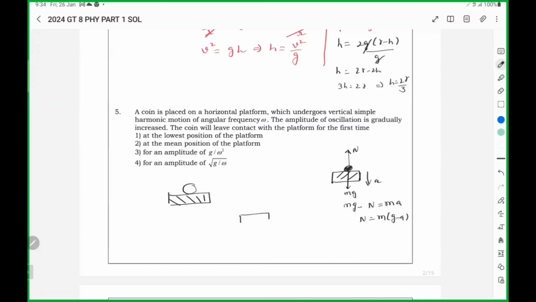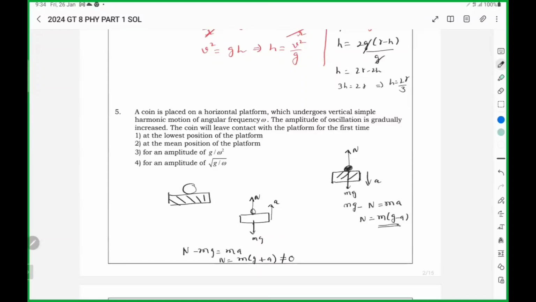When it is at the lowest position, here is the normal reaction, here is mg. Acceleration will be towards the center. Here N minus mg is equal to ma. Here N is m times (g plus a). Here the normal reaction cannot be zero. So at the highest point, there is a possibility that the normal reaction will be zero.